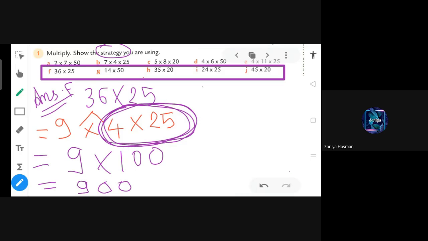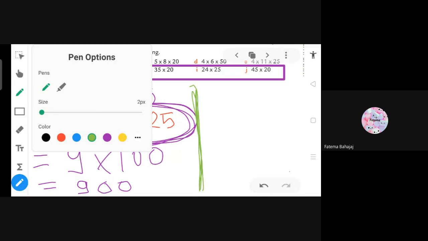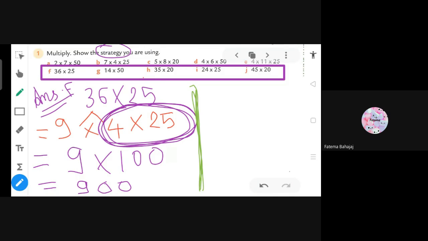And then we will also do it by the long method, just to match the answer. So everyone, you can do it by that long method. Let's match the answer, to see whether the answer comes the same or not.